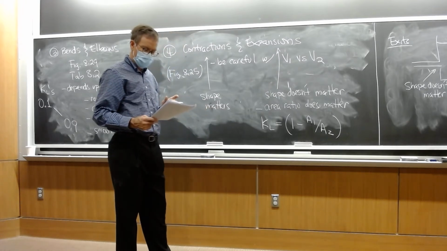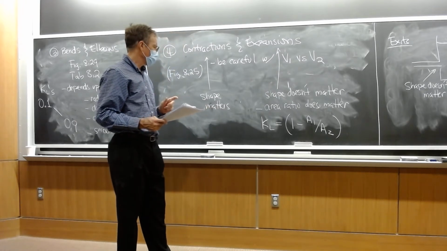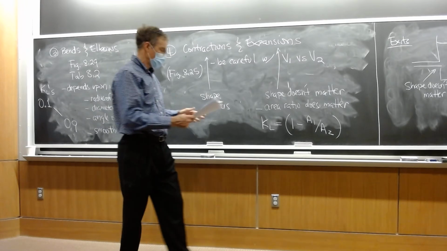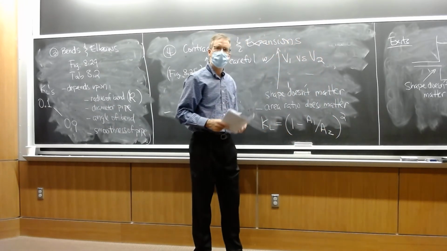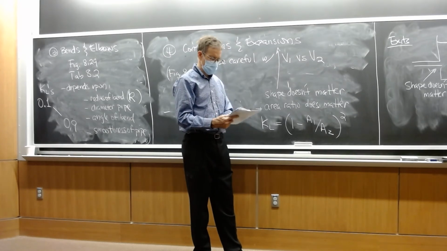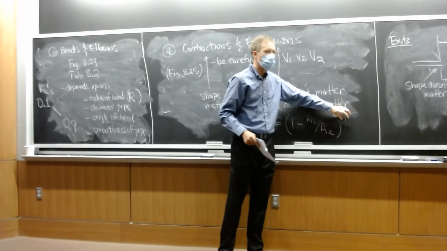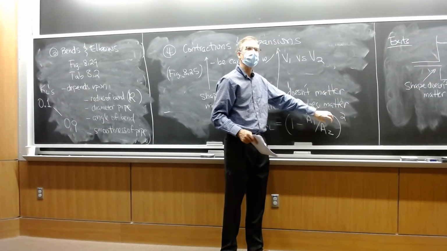And I'll have to admit that I believe there's a square on this. I would double check. I wrote that in my notes, and then I looked at it, and I'm not sure whether the square goes here or if it goes there.